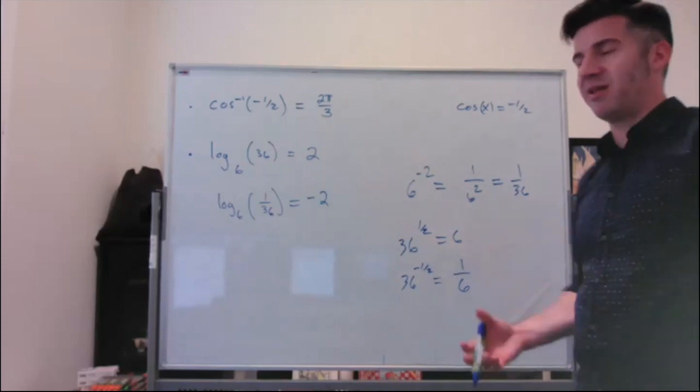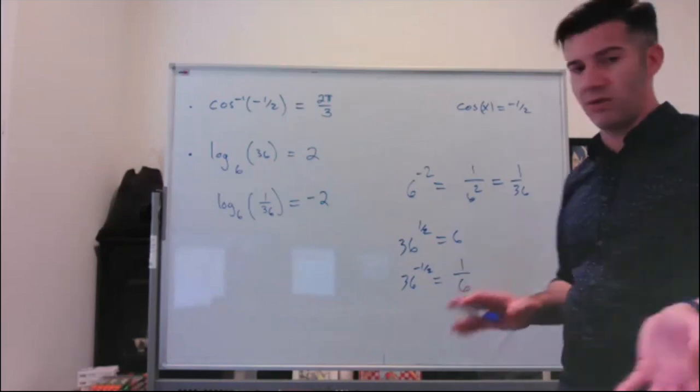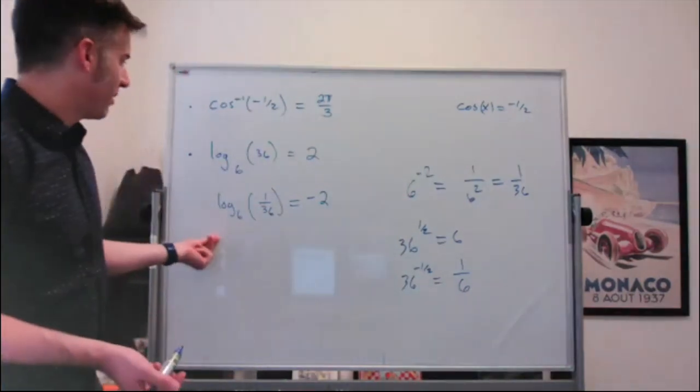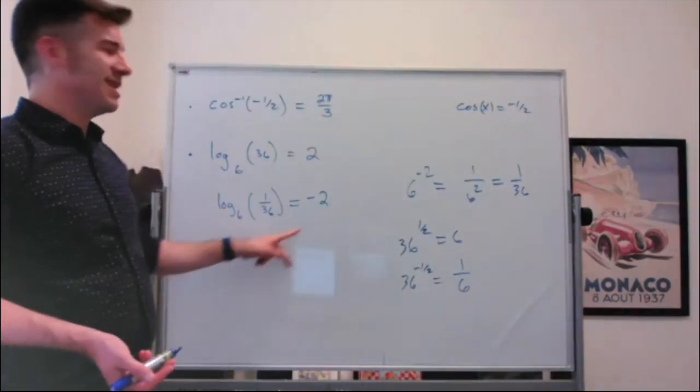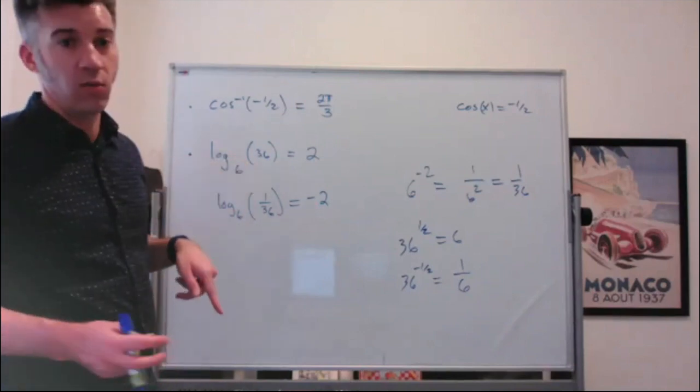That's not wholly true, so take it with a grain of salt, but that's what I've noticed. So when I take log base 6 of 1/36, I know I need a negative power so that this base ends up getting to be this smaller 1/36 number.